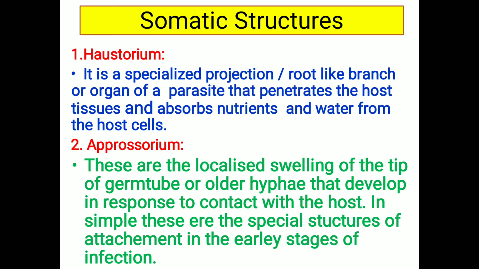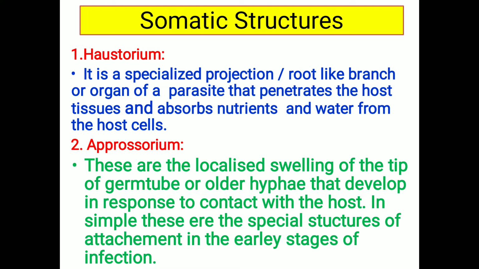Next one is the appressorium. These are localized swellings of the tip of a germ tube or older hyphae that develop in response to contact with the host. In short, what is meant by appressoria?